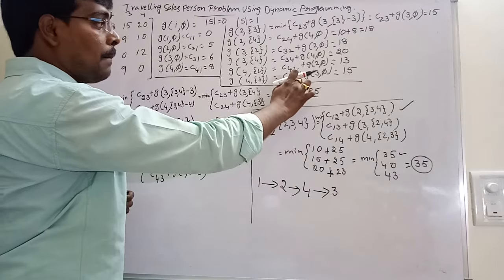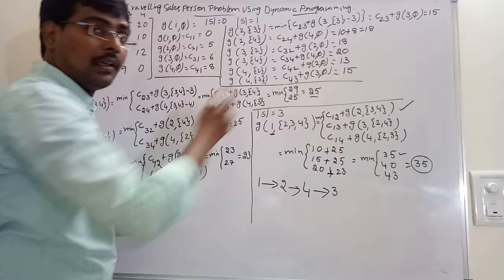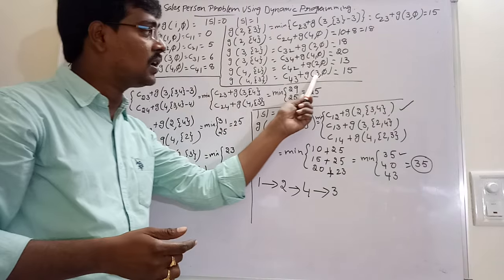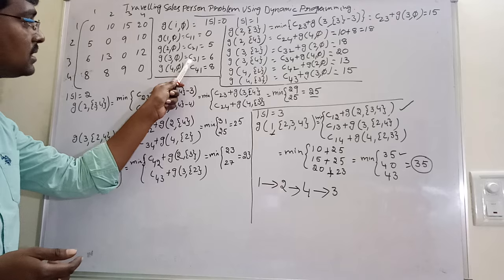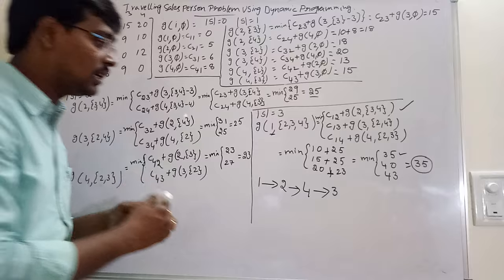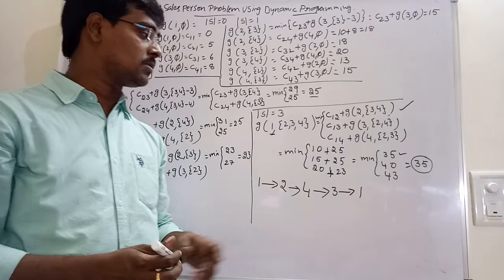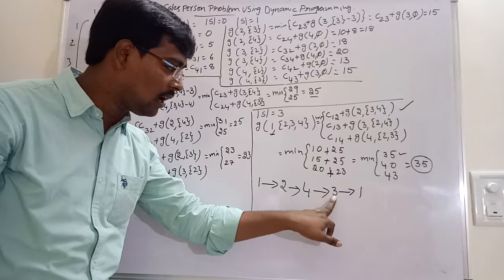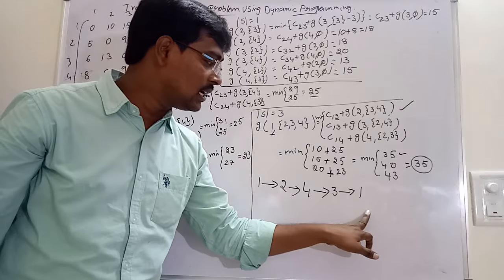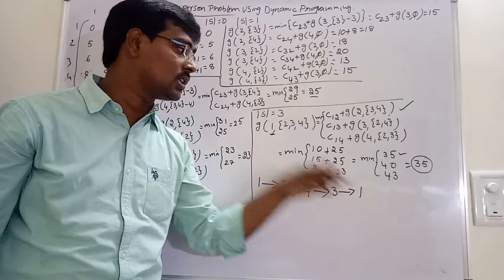4 to 3 plus C31, that means from 3 to 1. That is the traveling salesperson problem: after visiting all other vertices, exactly reach the starting vertex.